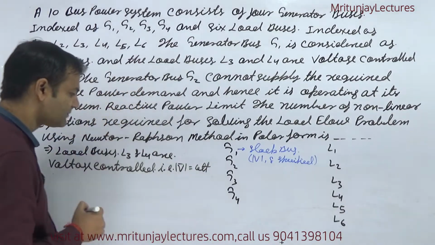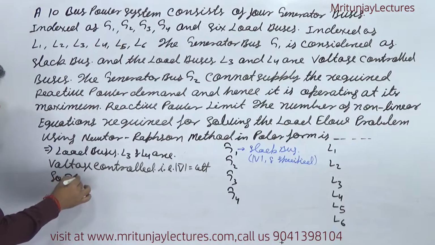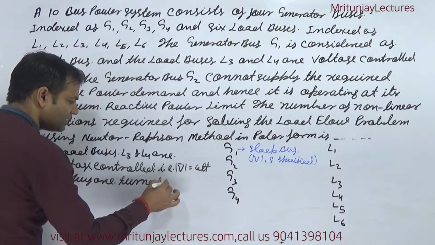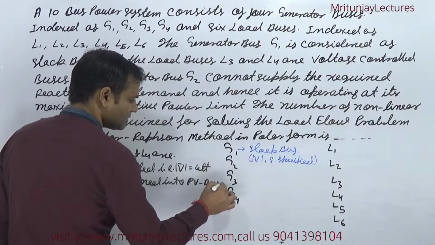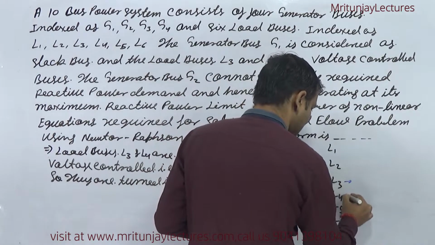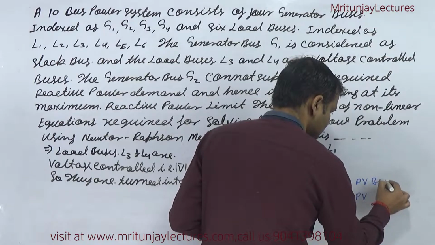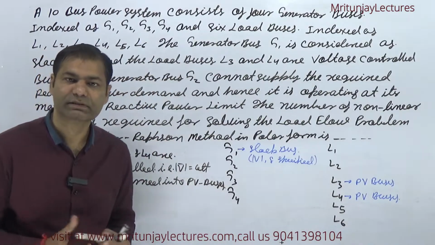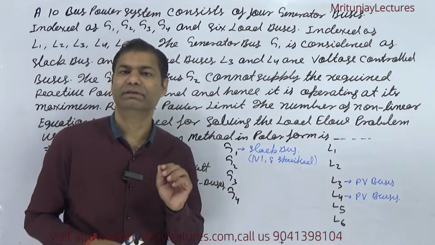V constant, it means they are turned into PV bus. L3 and L4 are PV buses. Why? Because V is constant. V constant means PV bus.